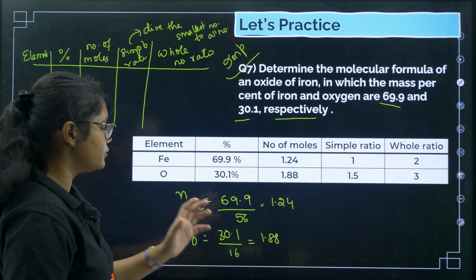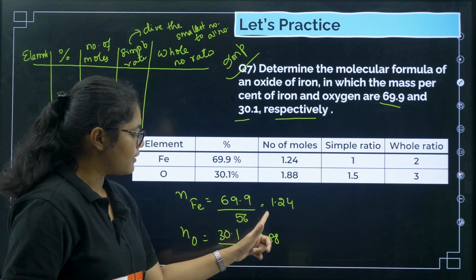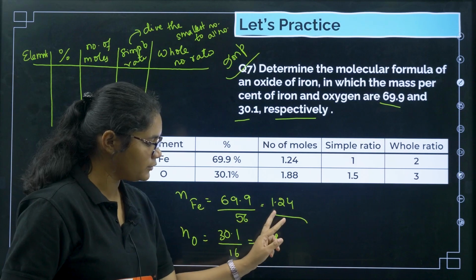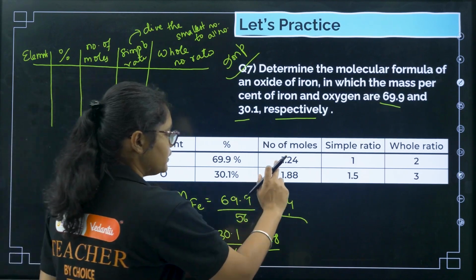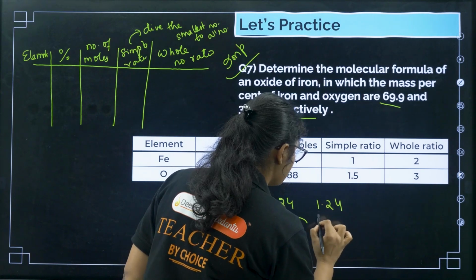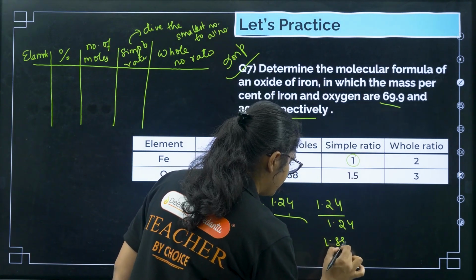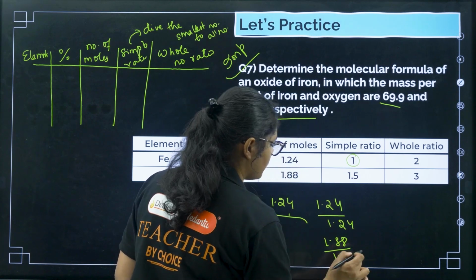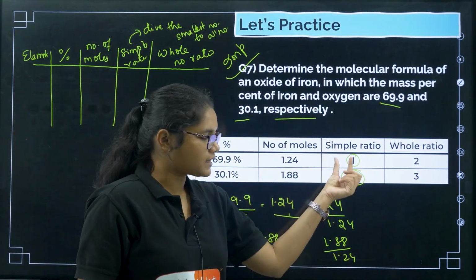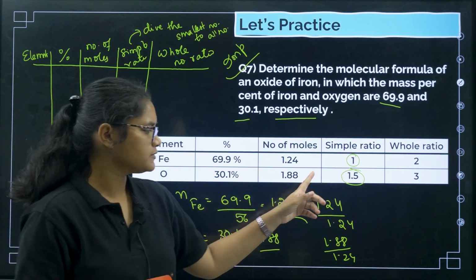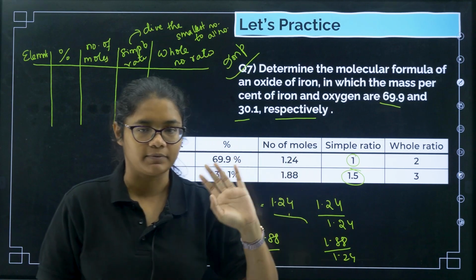For simple ratio, you need to divide the smallest out of these two to all the numbers. Here 1.24 is smallest, so you need to divide with 1.24 this number and also this number. So 1.24 by 1.24 will give me 1, and 1.88 divided by 1.24 will give me 1.5. Now if this is coming in some whole ratio, like suppose here also you are getting 2 or 1, then directly you can consider that for empirical formula.